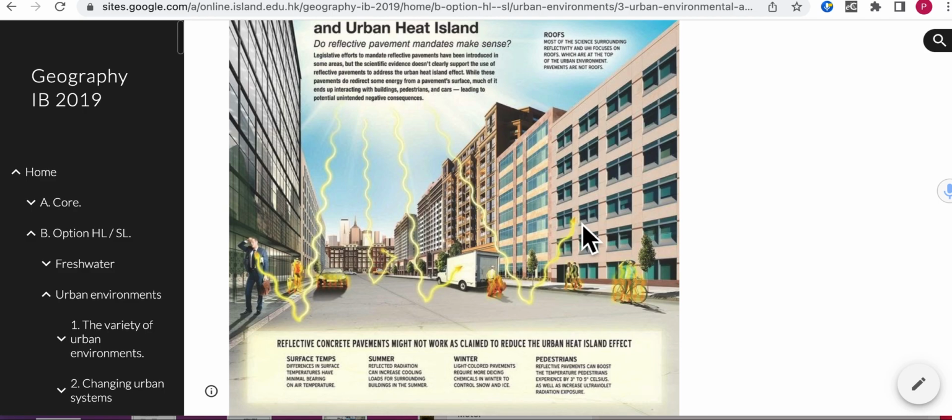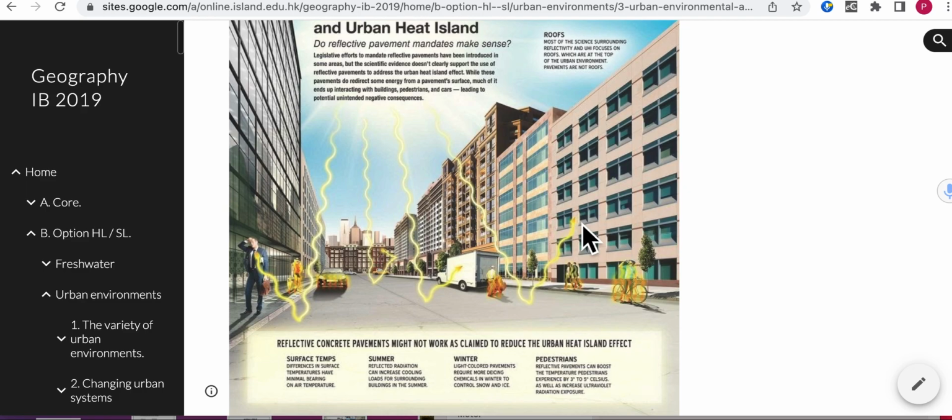I would suggest rooftops then. For a rooftop, it makes a lot more sense to have it as a highly reflective surface, paint that white. But the other thing that you need to consider is if you have surrounding taller buildings, we could get ourselves into that same situation where that solar radiation is reflected off the rooftop into another taller surrounding building.